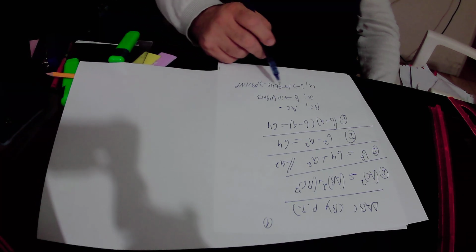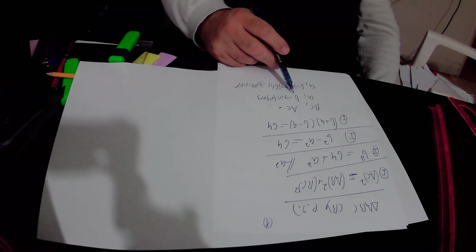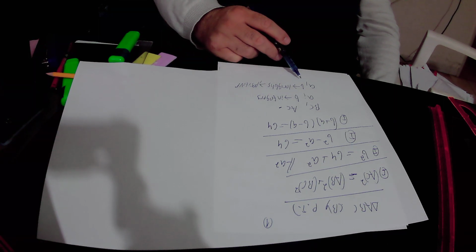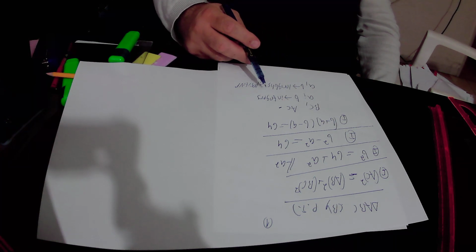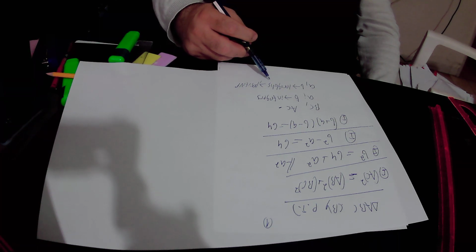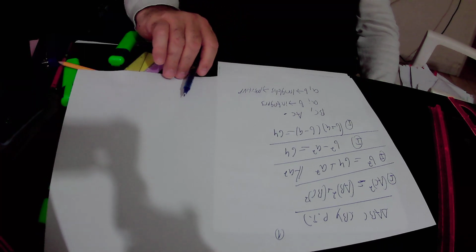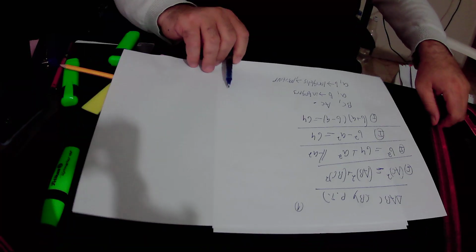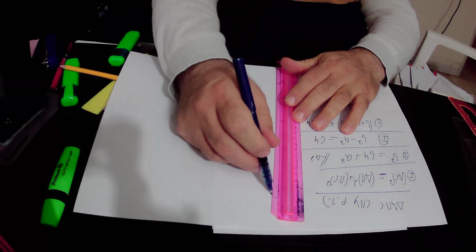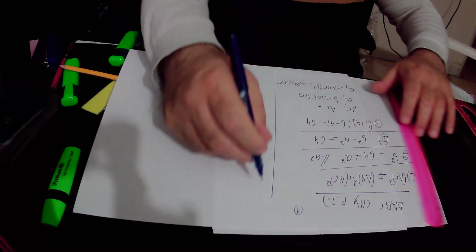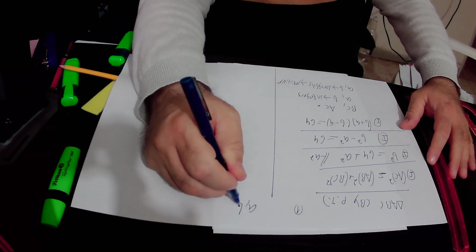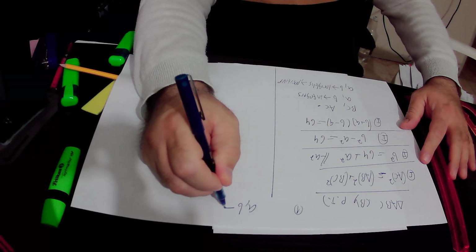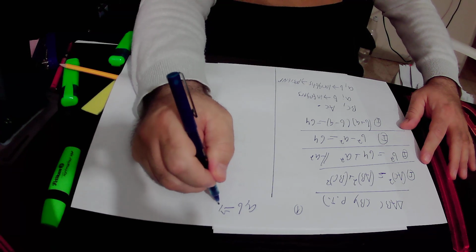Okay? Because here we have A and B, and they are integers, and from here we know that they must be positive. So from those two lines we conclude that A and B must be positive integers. Okay, so we can write down here that A and B are positive integers.